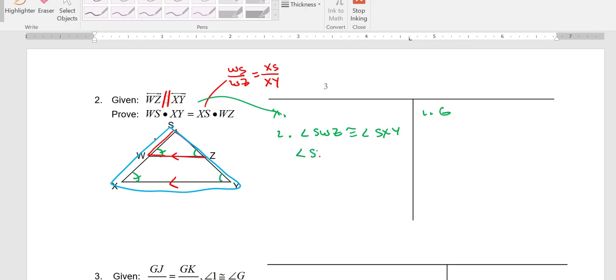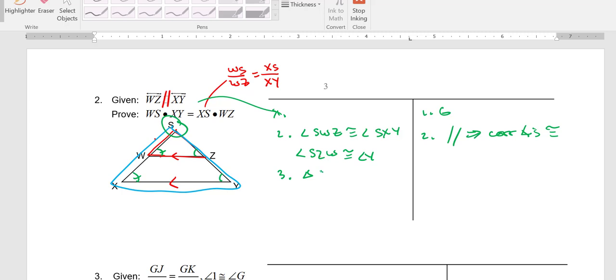So angle SZW is congruent to angle Y. That's because of their corresponding angles, and they're congruent. I could have, of course, also used reflexive down here with the S, since it is shared between both those triangles. But now I can say, because I have angle and angle, I can do angle-angle similarity.